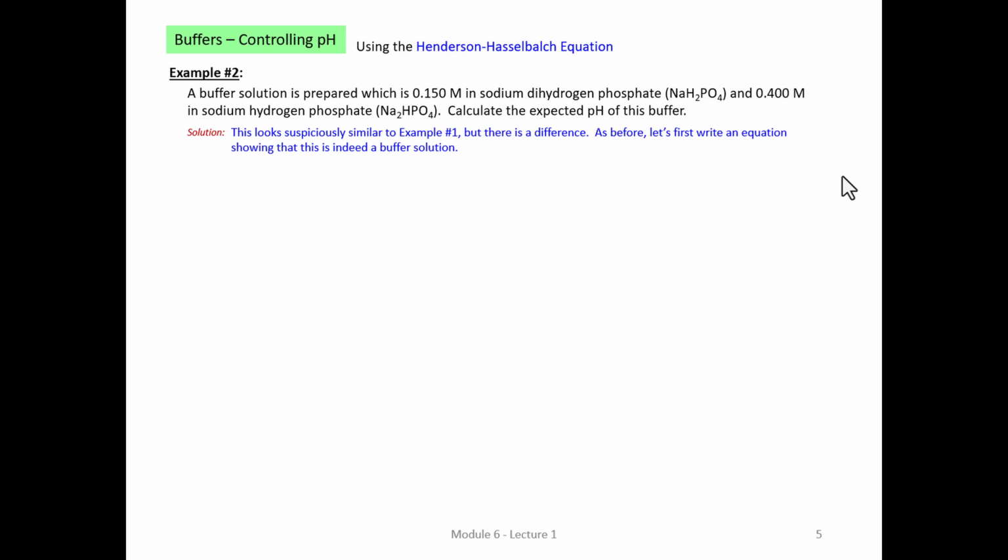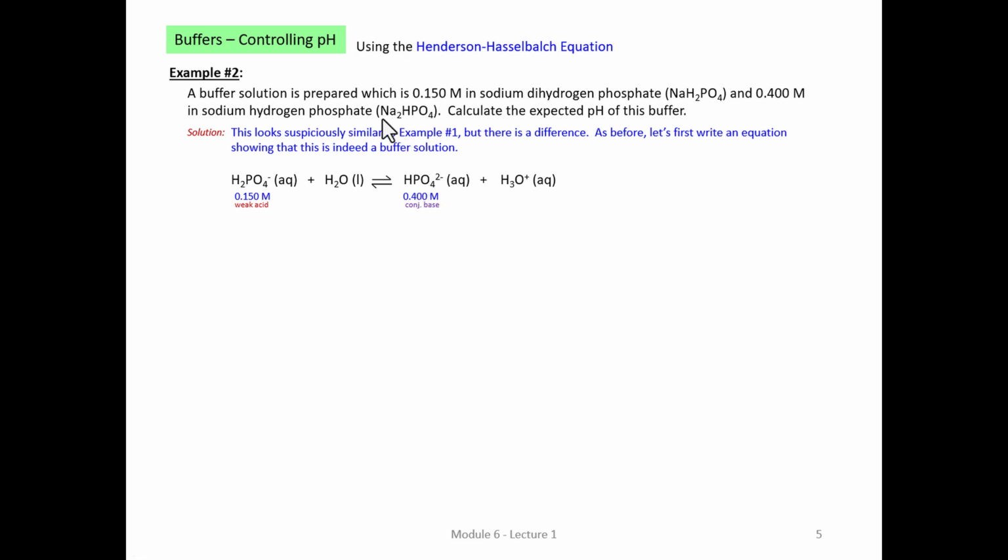Now, as before, we want to write an equation showing that this is indeed a buffer solution. So let's do that. We have dihydrogen phosphate from the sodium dihydrogen phosphate, and it's present at 0.15 molar concentration. We're going to label that as our weak acid because the other form present is 0.4 molar hydrogen phosphate, which is the base form of dihydrogen phosphate, and this hydrogen phosphate is also added as an ionic compound, an ionic salt.